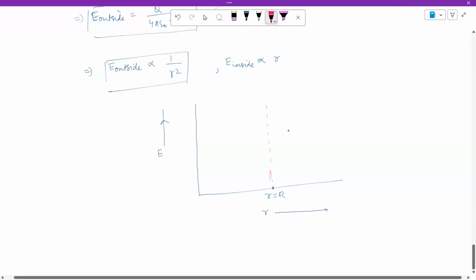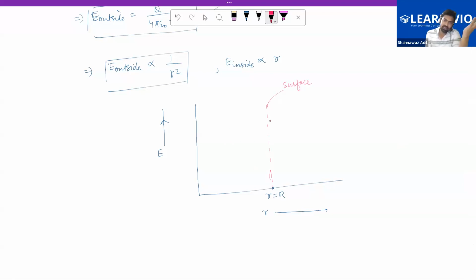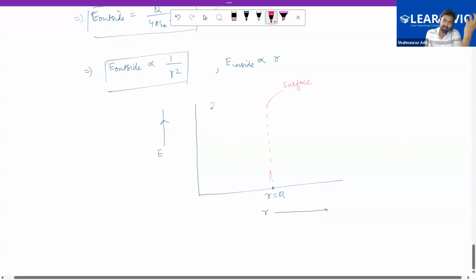Surface, right? So that we have seen. This is the surface, R equals R. If we are in this region, R is smaller than R, so this is inside. If we are in this region, that is out of the surface, that is the outside.